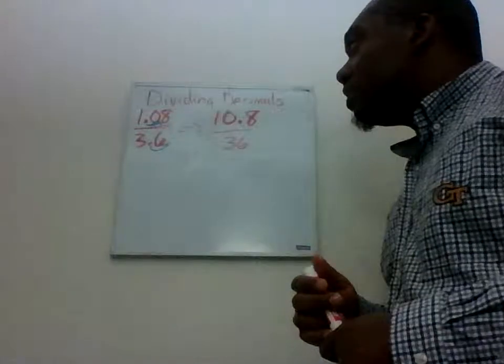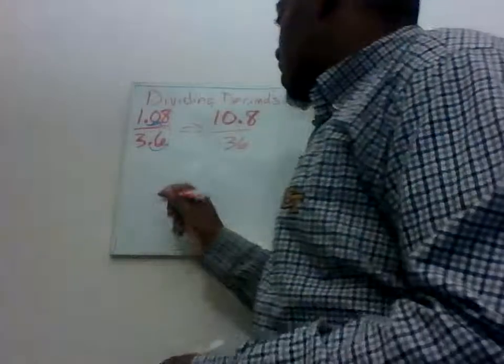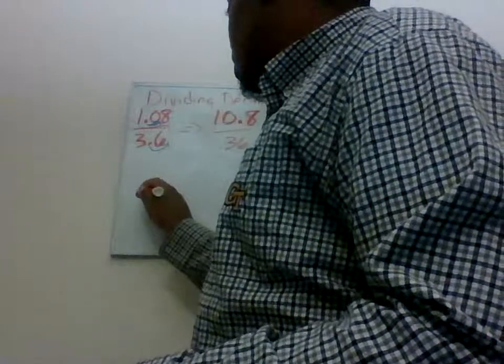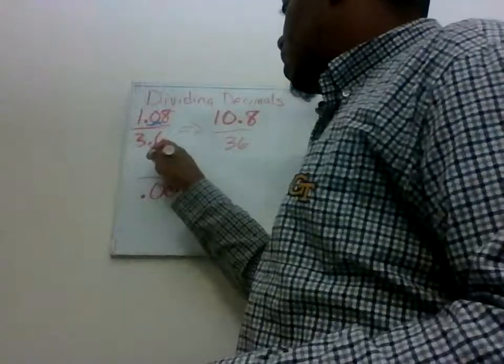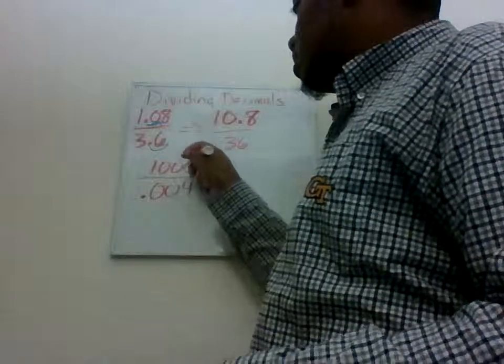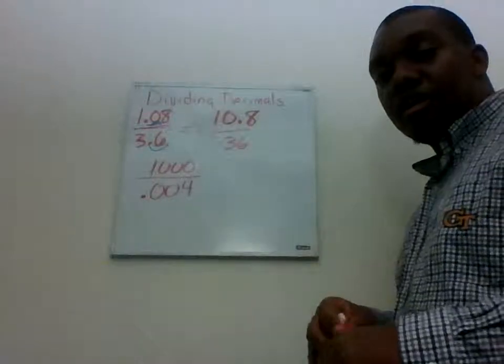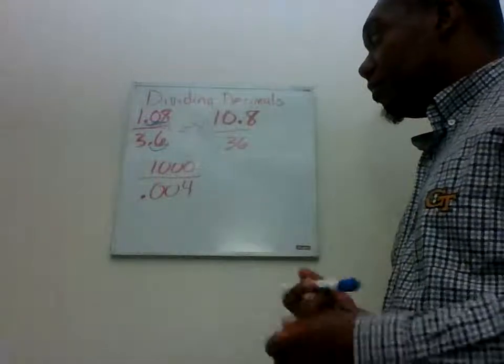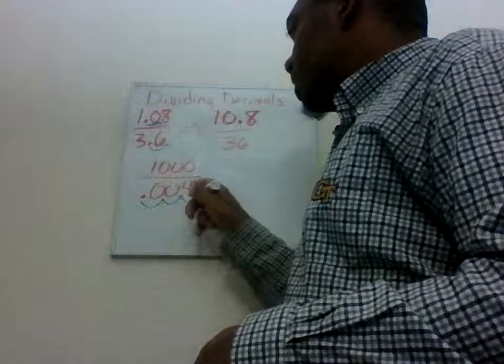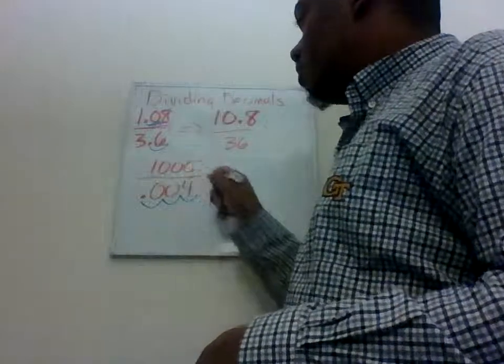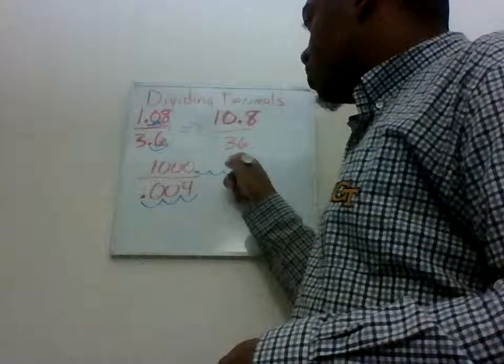Even when things go a different way, say you had 0.004 in the denominator and 1,000 in the numerator. You can move the decimal over 1, 2, 3 times, and do the same at the end of the numerator, 1, 2, 3 times.